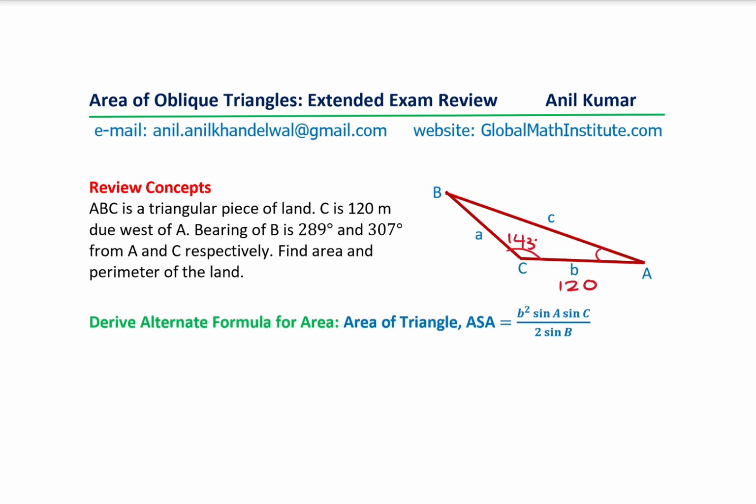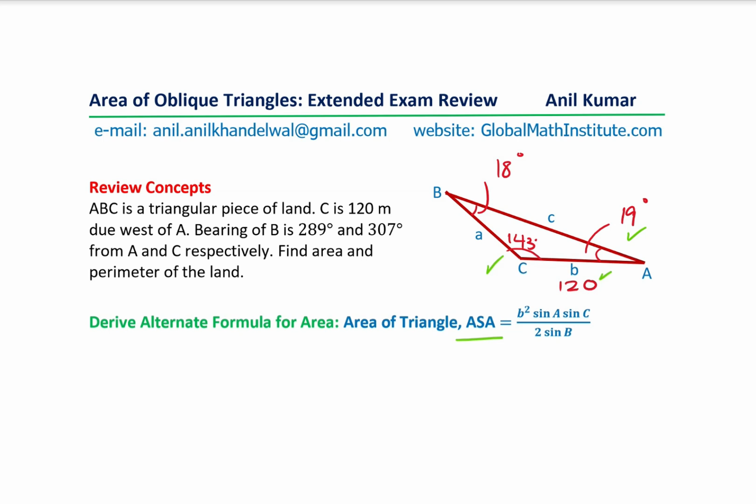We calculated this angle as 90 degrees and the other angle as 18 degrees. Now let us say that it is known to you only these sides and angles, which is what we're looking for: ASA. We have these two angles and the side known to us. In that case, how will you find the formula?